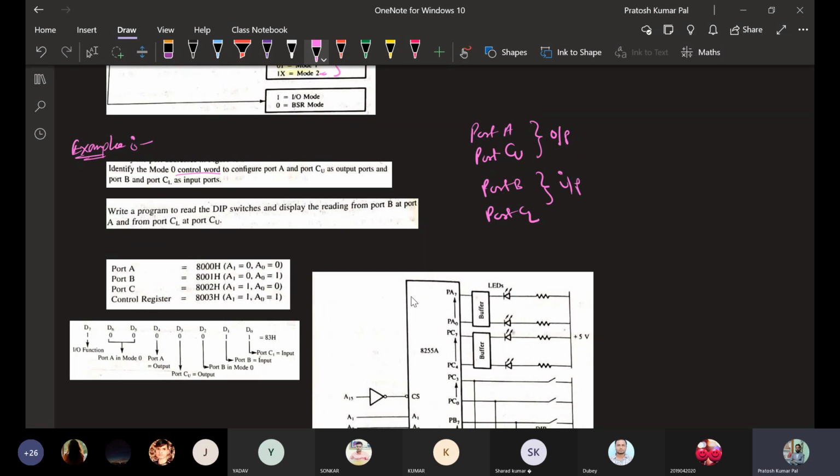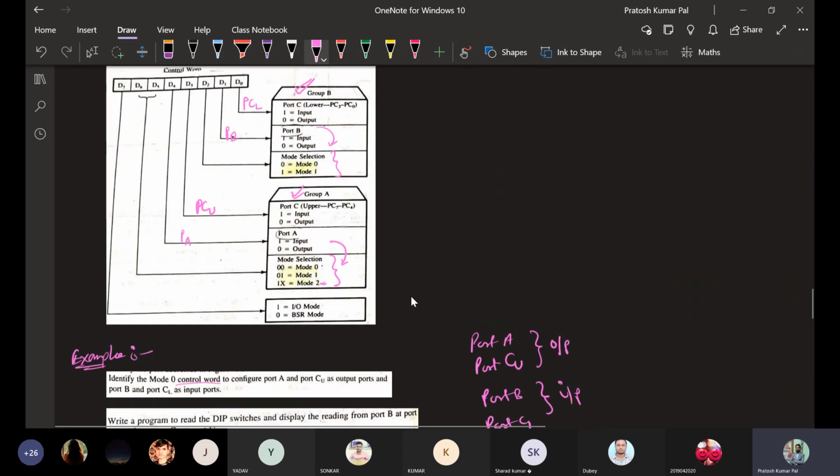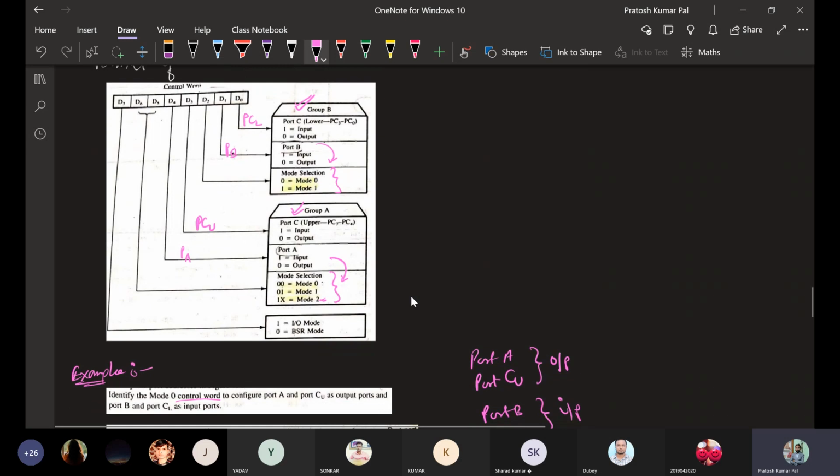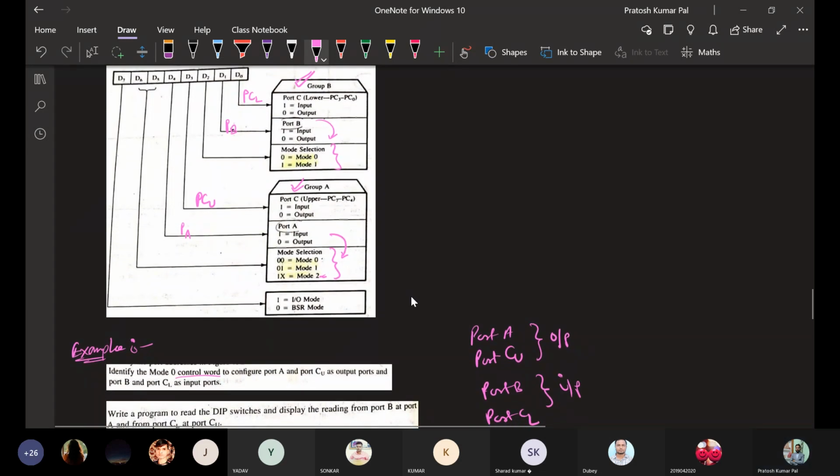So that we will be configuring port A and port C upper as output mode, and port B and port C lower as input mode. Based on the control word format, mode 0 needs to be set. So it is working in mode 0.